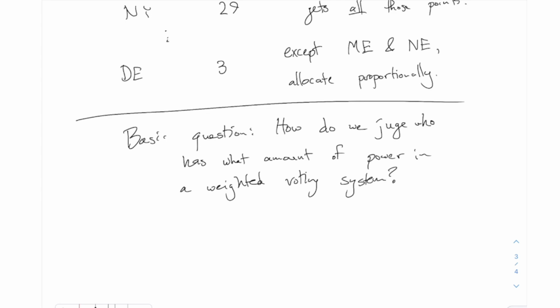What is interesting to me about weighted voting is this question here, which seems like a totally obvious question, but actually the answer is much more complicated than it might appear. How do we judge who has what amount of power in a weighted voting system?